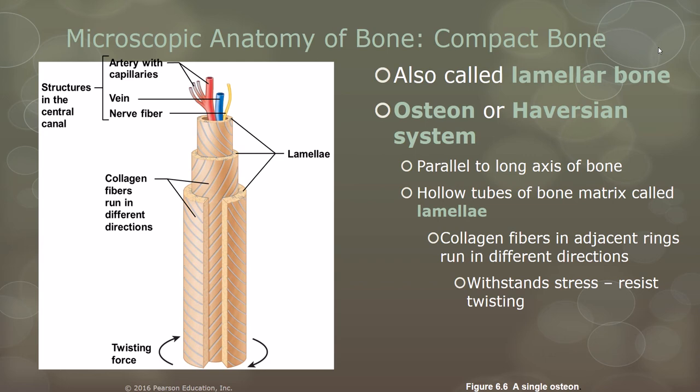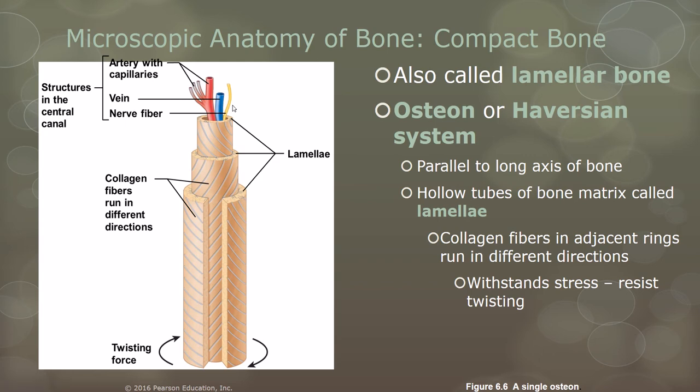Compact bone has a very, very specific arrangement in terms of the structure of the extracellular matrix and the collagen fibers. It's called an osteon, sometimes known as the Haversian system, for this central canal through which blood vessels and nerves will run.